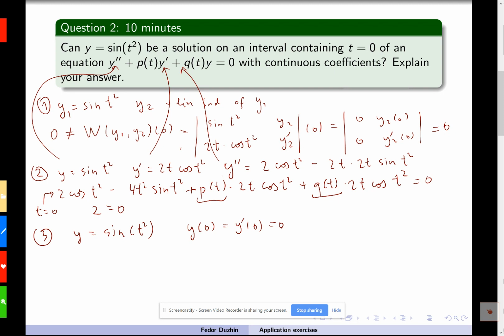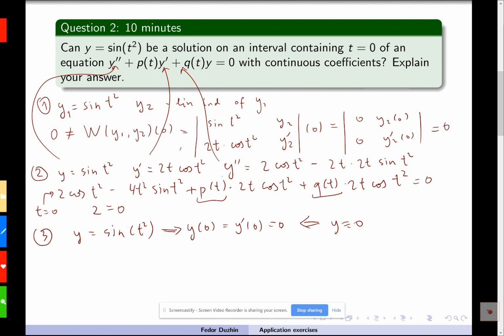But also notice that the constant 0 is also a solution of the given differential equation, and it also satisfies the same initial condition. Which is a contradiction to the Picard-Lindelöf theorem, according to which there may be just a unique solution of the given initial value problem, right?